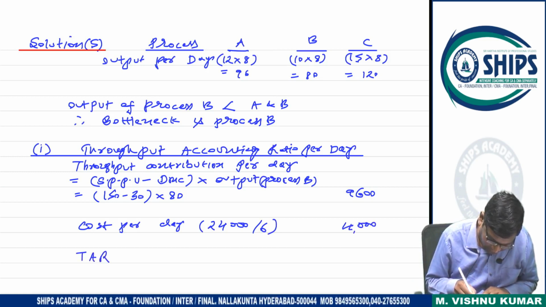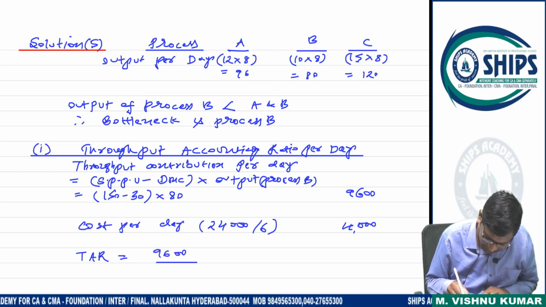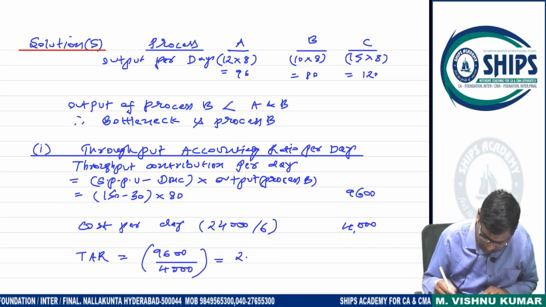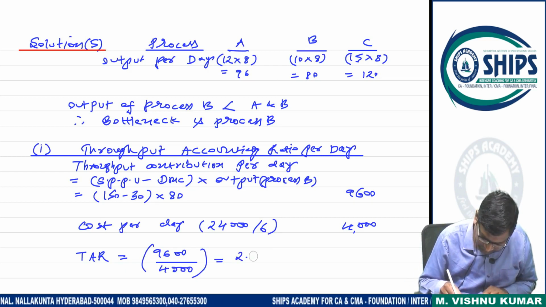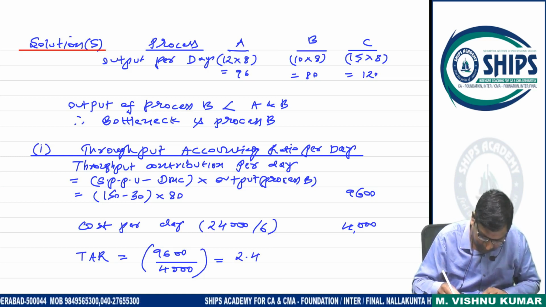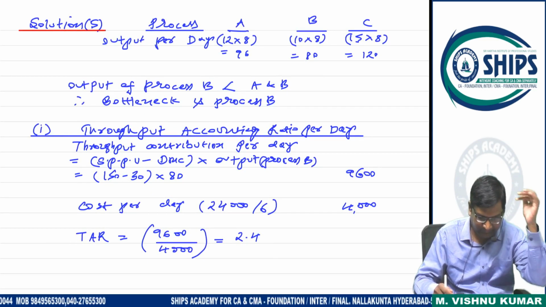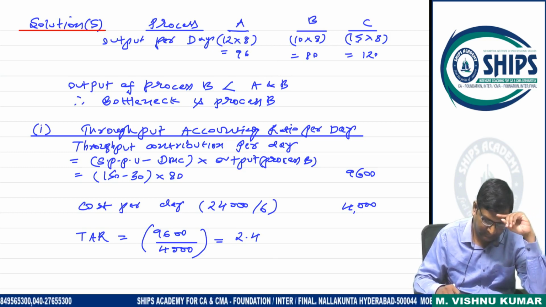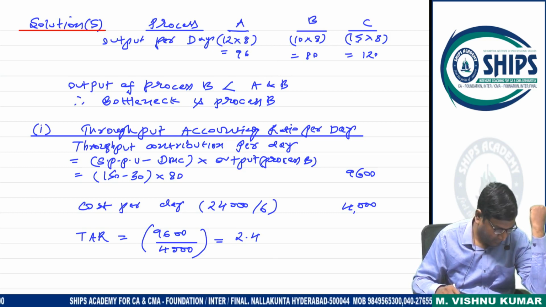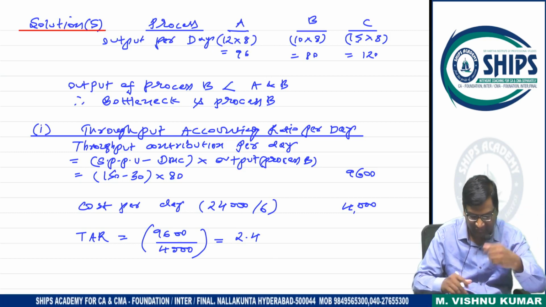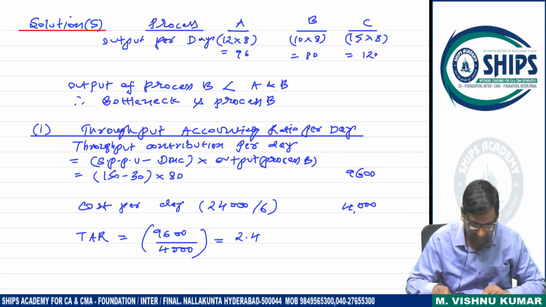So the throughput accounting ratio is 9600 by 4,000, which is 2.4. This is the first answer. Now the second answer. First note this, thereafter I will start the second answer.